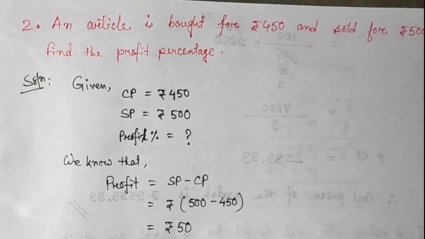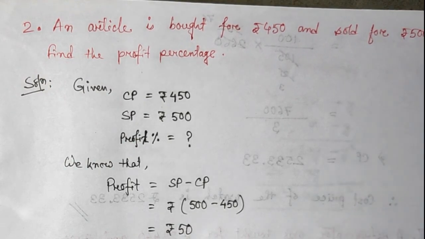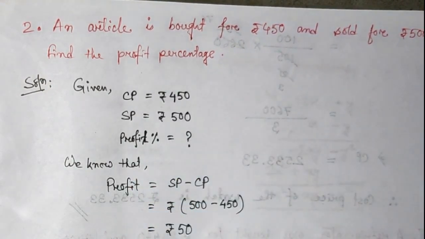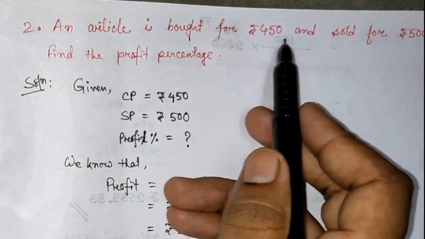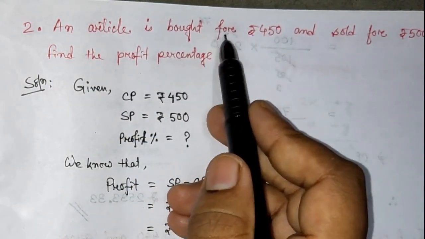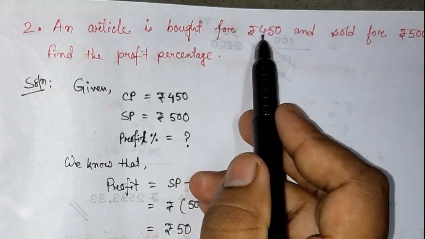Next, number 2. The question is: an article is bought for rupees 450 and sold for rupees 500. Find the profit percentage. The article is bought for 450, which means the cost price of this article.